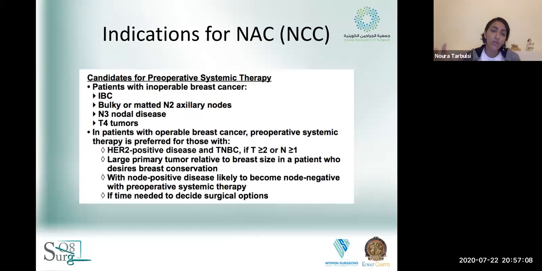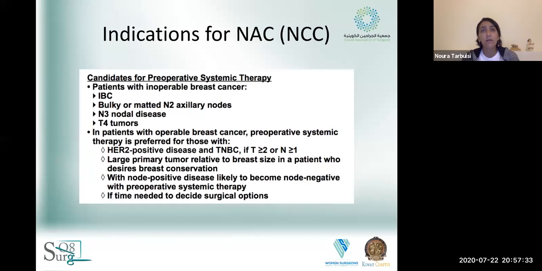If there is a large tumor relative to the breast size, T3 for example, N0, or the patient is node positive and will likely become node negative after chemotherapy, then yes, even if she does not have the 2, 3, 4, and 3+1, we could discuss neoadjuvant treatment. And if time is needed to decide surgical option.